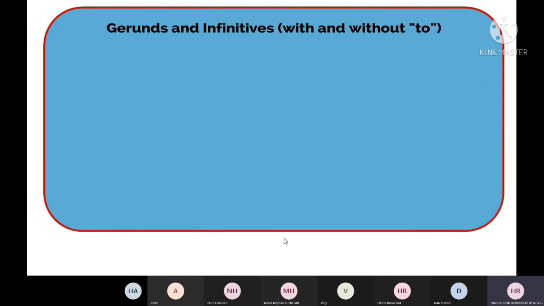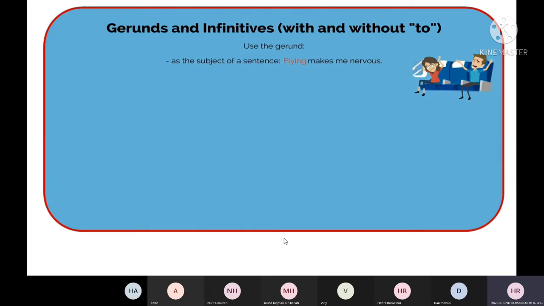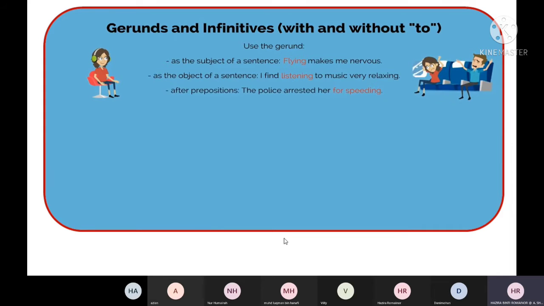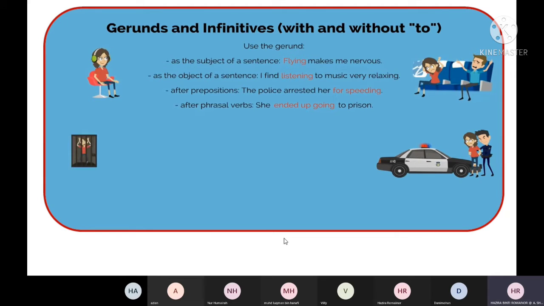Let's compare gerunds and infinitives. Use the gerund as the subject of a sentence: flying makes me nervous. As the object of a sentence: I find listening to music very relaxing. After prepositions: the police arrested her for speeding. After phrasal verbs: she ended up going to prison.